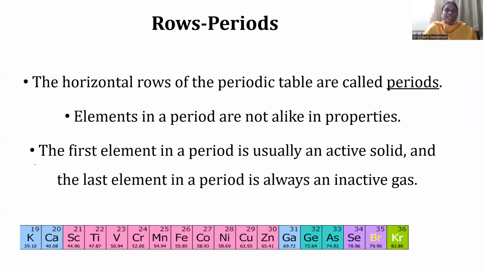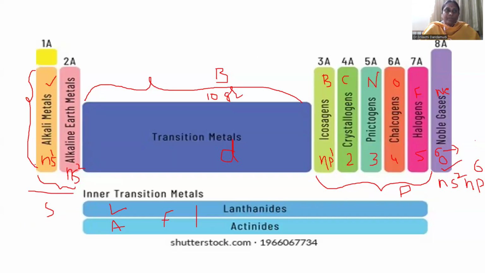Next, horizontal rows are called periods. Here, in the periods, the elements do not have similar properties. Each element has different properties based on its electronic configuration. See here, this is a period.